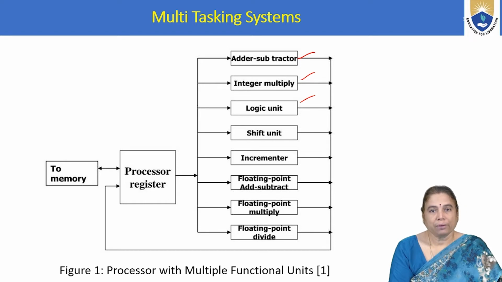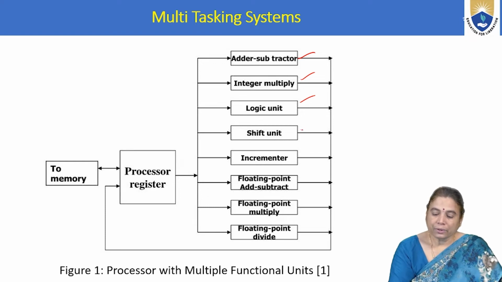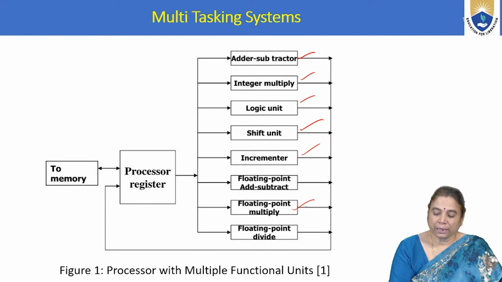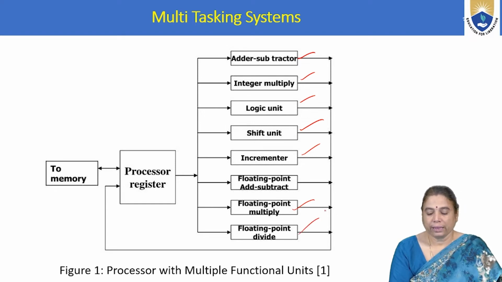The shift unit can perform logical shift, either right shift or left shift, as well as arithmetic shift and circular shift. Next, the incrementer can be used to increment register content or memory content by 1. Next, the floating point add and subtract functional unit can be used to perform floating point addition and subtraction. Similarly, multiplication and division can be carried out with separate floating point multiply and floating point divide functional units respectively.